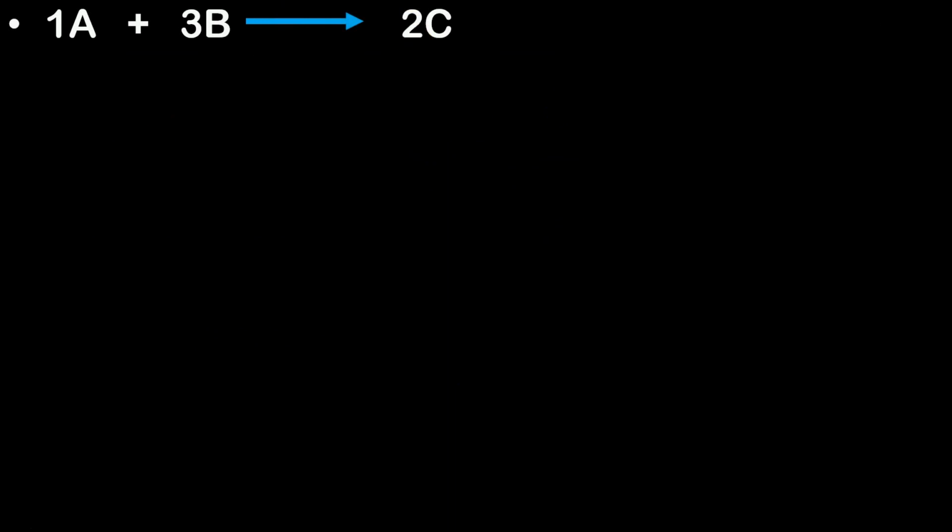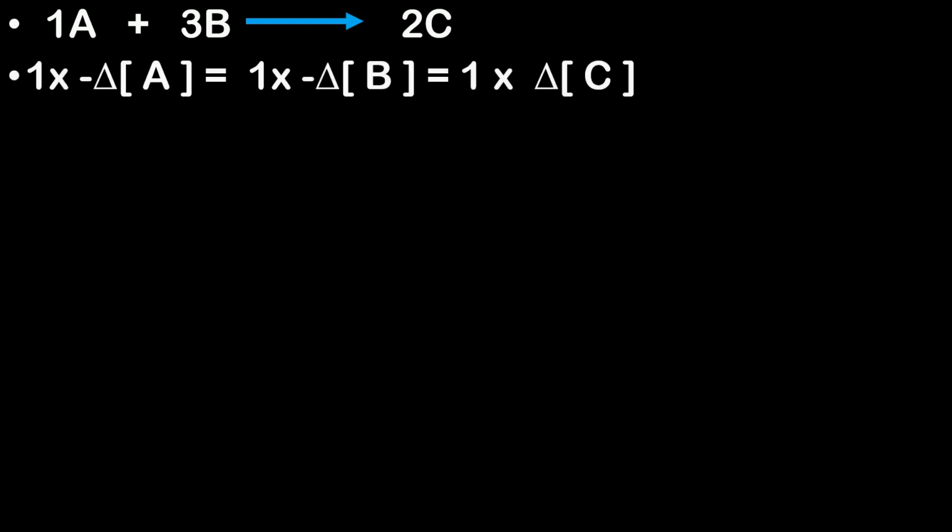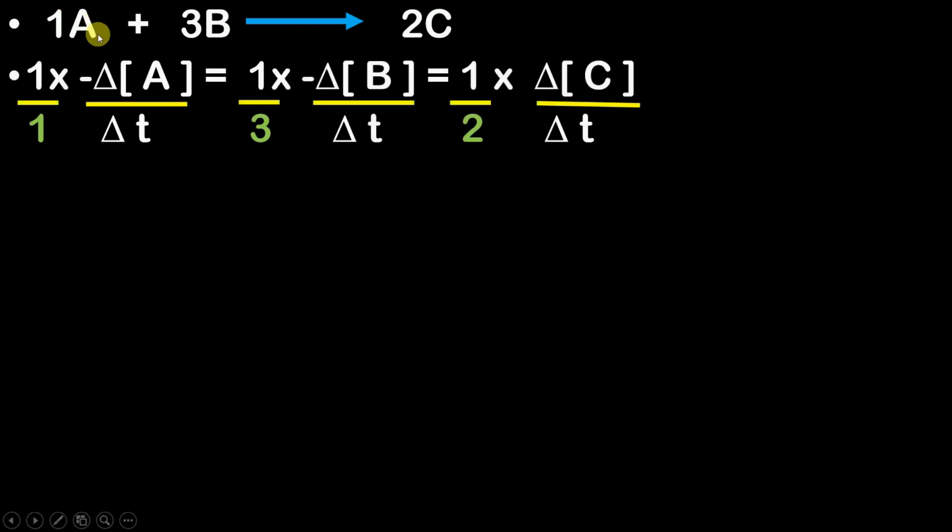For that, you just need to do one thing: multiply the rates of all the constituents that are present, that is A, B and C, by 1 upon their stoichiometric coefficient. Now what is the stoichiometric coefficient of A? Nothing but 1.